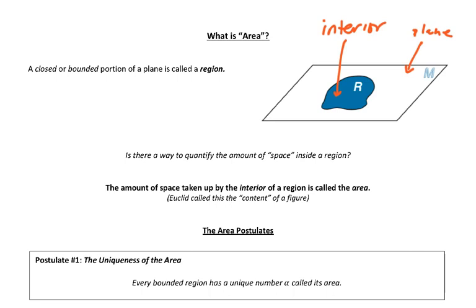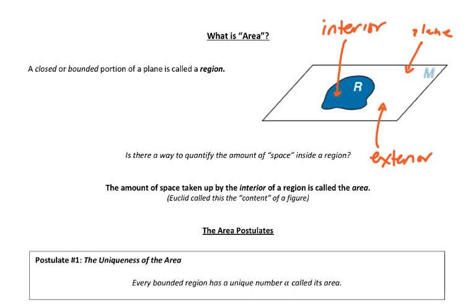That's the interior region of that bounded portion, and the exterior would be the stuff on the outside of the boundary, where the boundary is that black line that's drawn around the interior of the region.